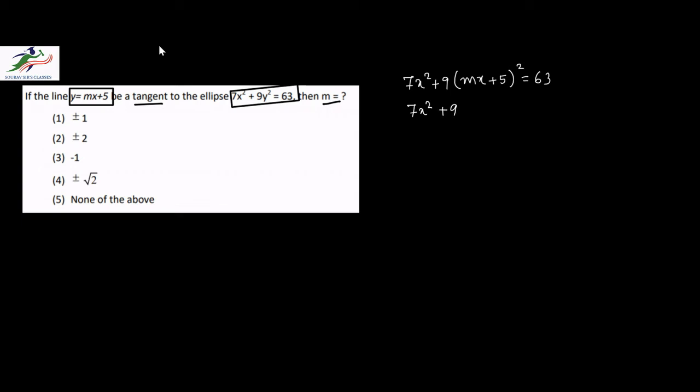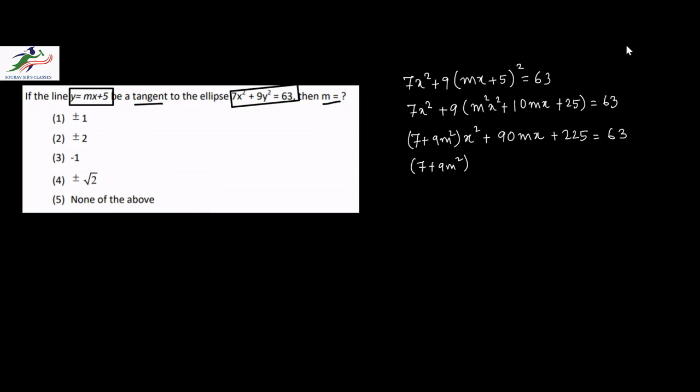or 7x square plus 9 into m square x square plus 10 mx plus 25 is equal to 63, or 7 plus 9 m square, we are collecting the x square terms, 7 plus 9 m square x square plus 90 mx plus 225 is equal to 63, or 7 plus 9 m square x square plus 90 mx plus 225 minus 63 is 162 equal to 0.